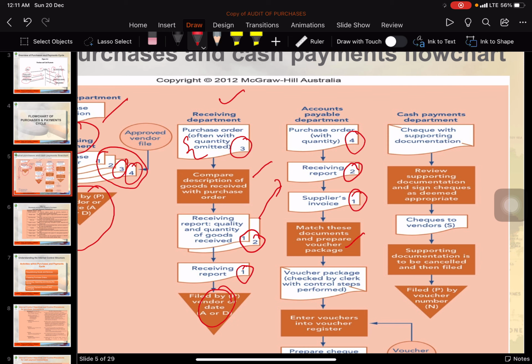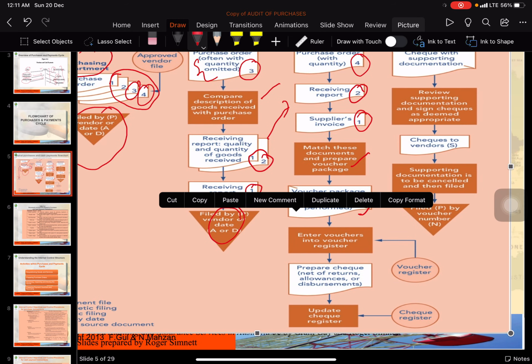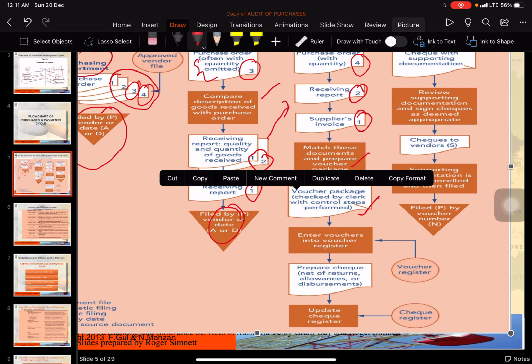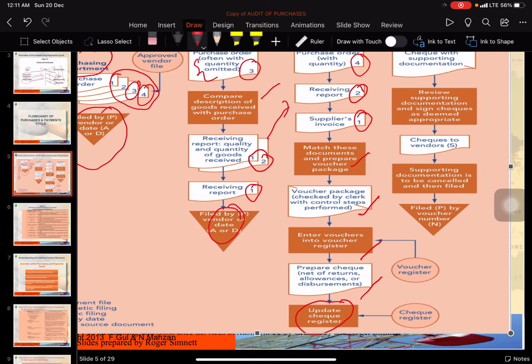So the voucher packet is checked by the clerk with control steps performed, to make sure that they really purchased this, and then they pay for the purchase that was made by the company. Then they enter it into the voucher register. They prepare the check, and if there are allowances or disbursements, they update the check register.